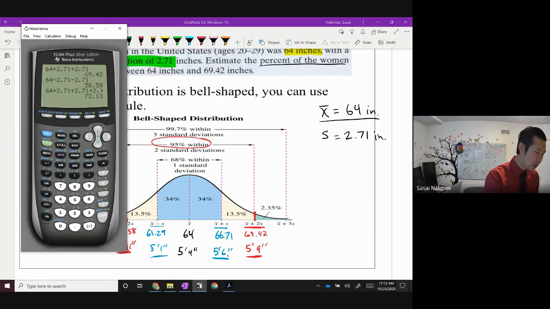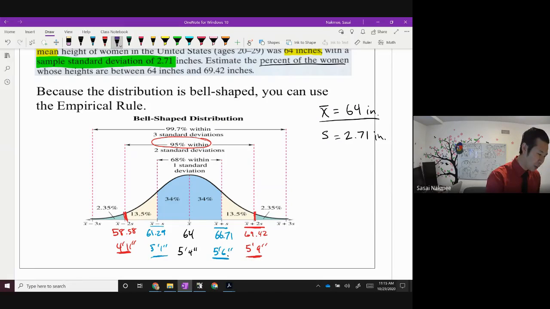That's considered 3 standard deviations away. 72.13 inches is roughly, 72 divided by 12 is 6 feet. 6 feet and some change, 0.13 inches.